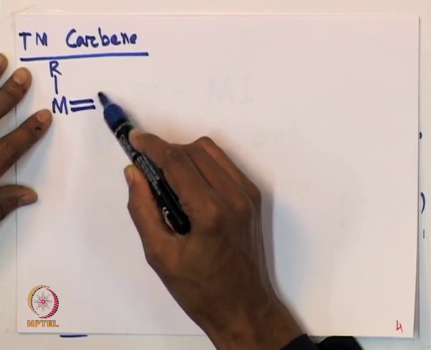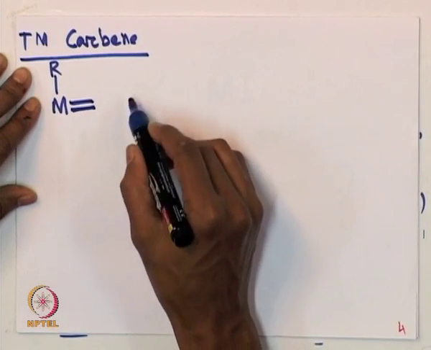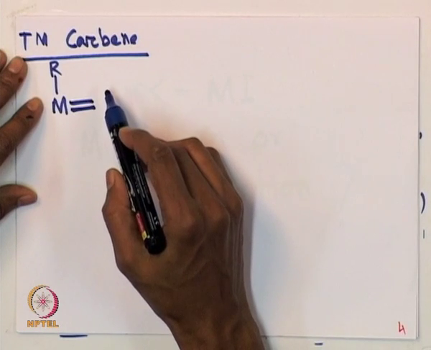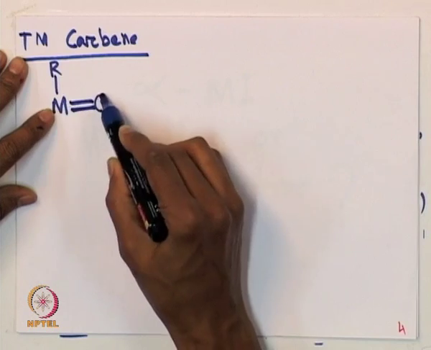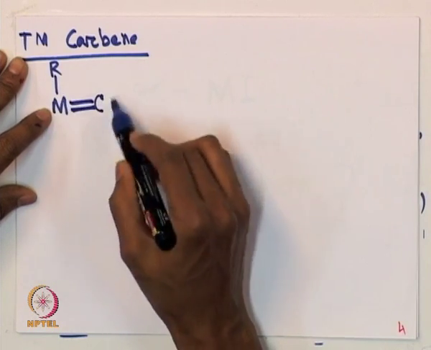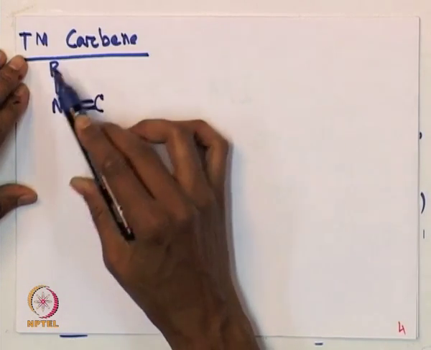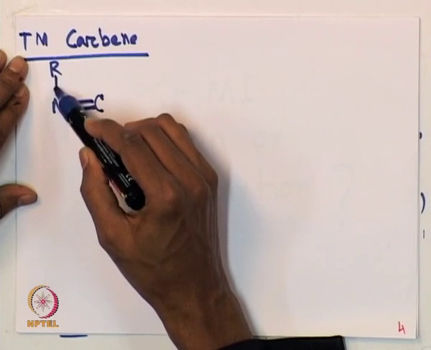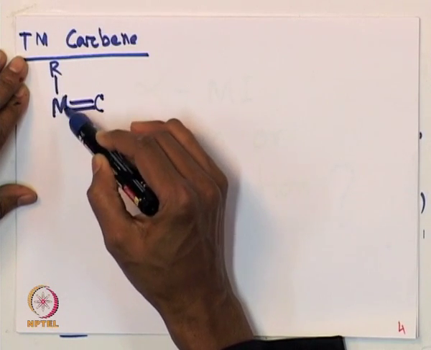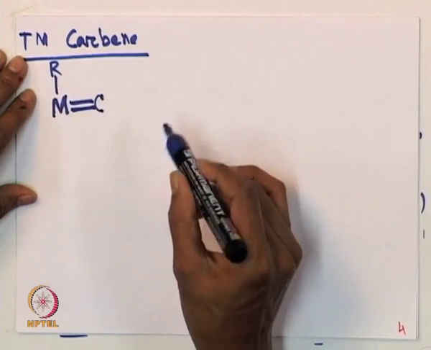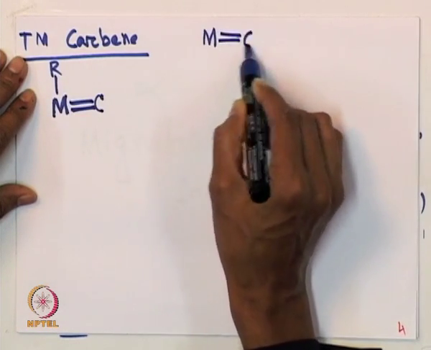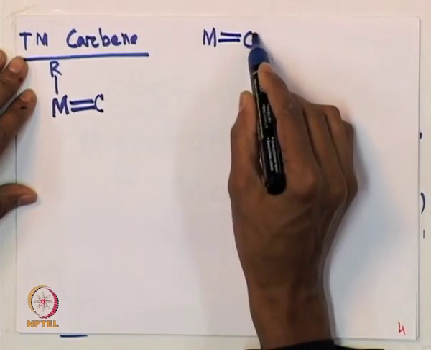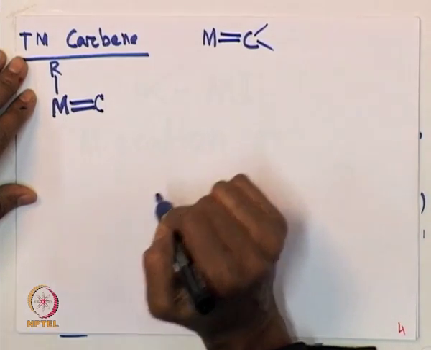In this particular case you have 2 hydrogen atoms. This is the metal-carbon double bond, this is what is called a carbene species, and let us say on the metal another R group is also present. Of course, metal carbene usually means this species, and you can have different substituents on it.